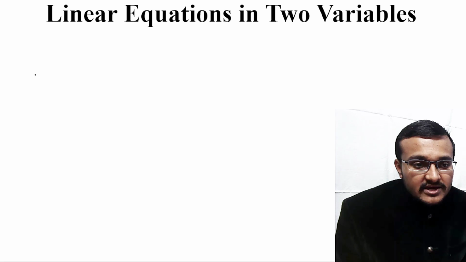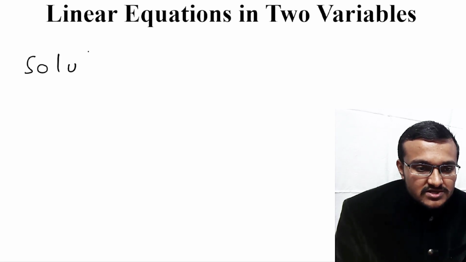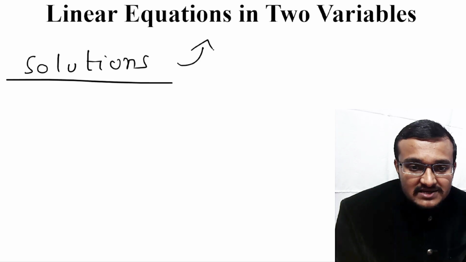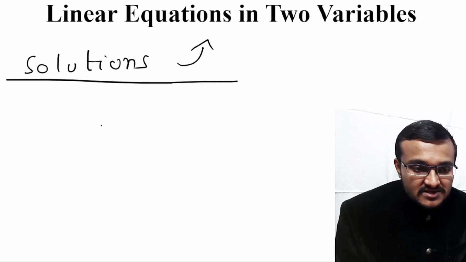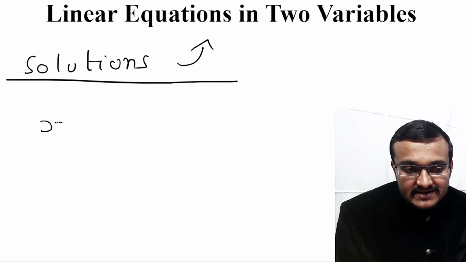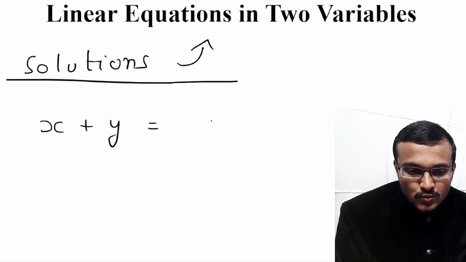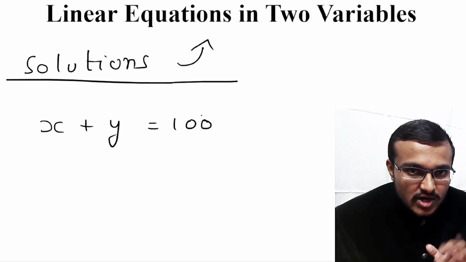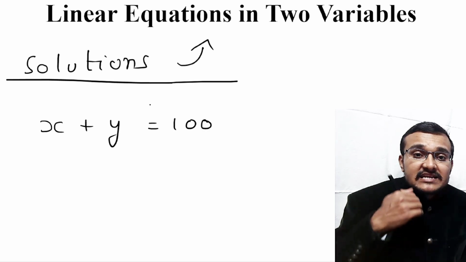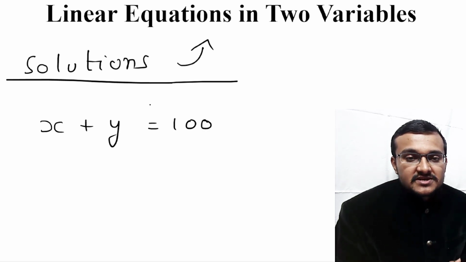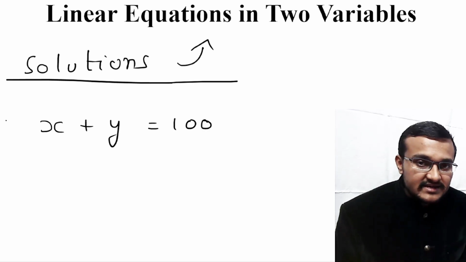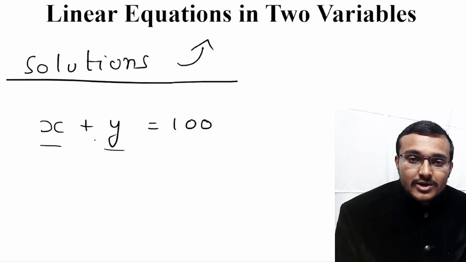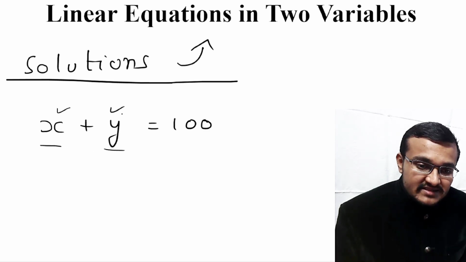But now, if you look into the solutions for actual linear equations in two variables, that is, if I take x plus y is equal to 100, there will be infinitely many solutions for this linear equation, because here we don't know what is x and also we don't know what is y. So two variables are there.